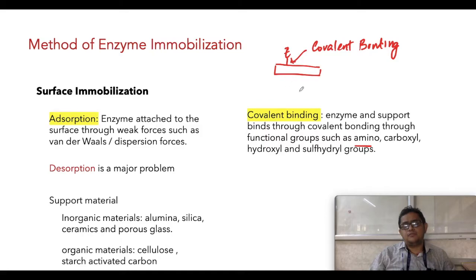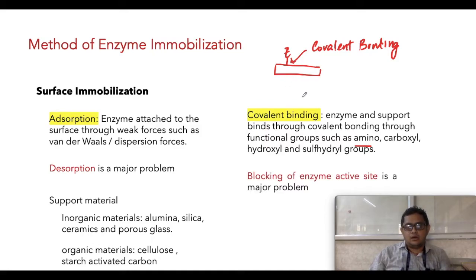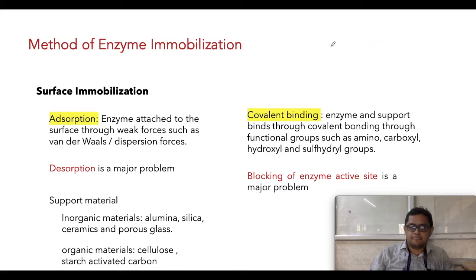This kind of covalent bonding also has a problem, called blocking of the enzyme active site. So what do I mean by that? See, if you have an enzyme like this, imagine you have an SH group here as well as an SH group here, a sulfhydryl group.